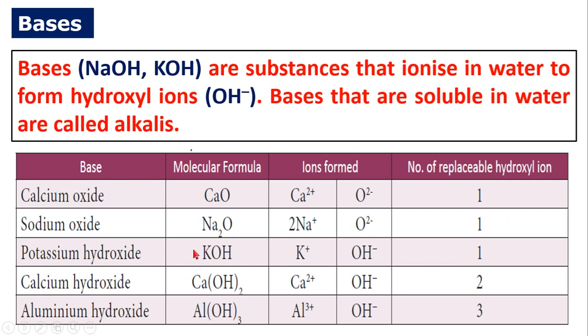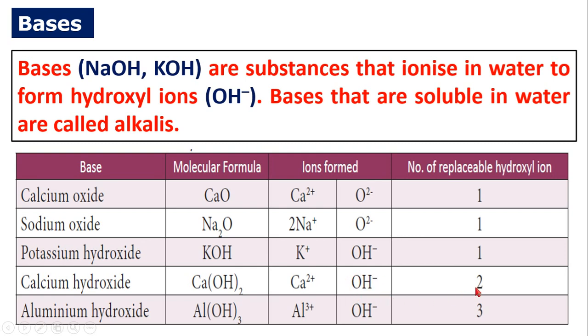Potassium hydroxide, KOH: K plus and OH minus. Here only one hydroxide can be replaceable, so here that is 1. Calcium hydroxide, Ca(OH)2: Ca2 plus and OH minus.